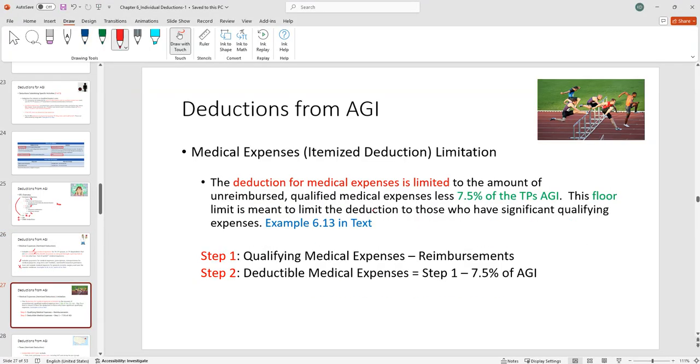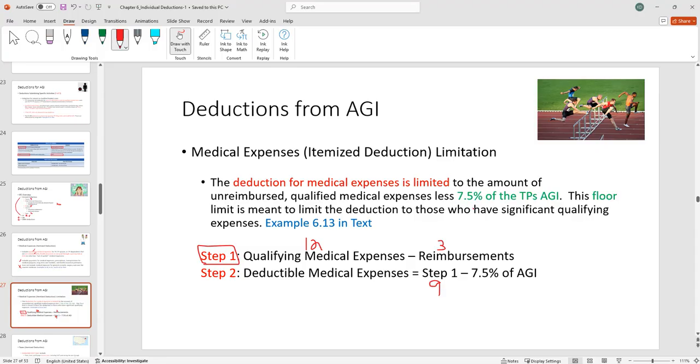We have a little framework here that we have to be aware of. Once we determine those qualifying unreimbursed medical expenses, you put all of your expenses on there. Let's say there was, I don't know, 12,000 of medical expenses, and 3 was reimbursed by health insurance. That gives us, truly out of pocket for step 1, $9,000 of medical expenses.